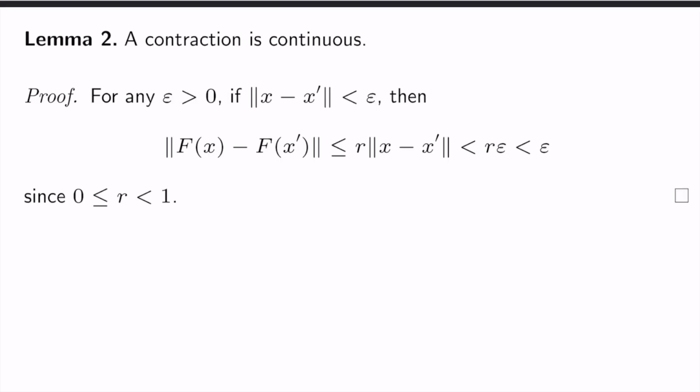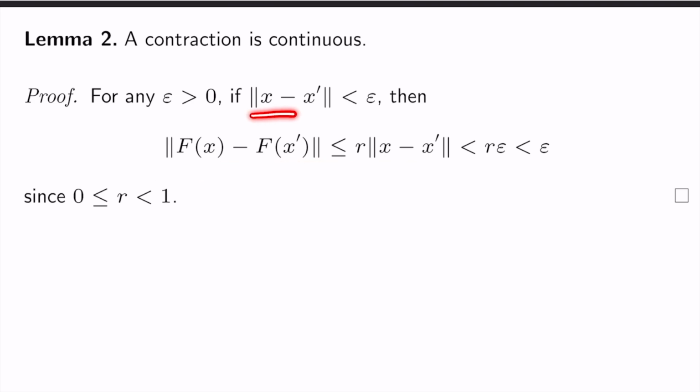Right before proving the contraction mapping principle, we need this simple lemma that says a contraction is continuous. To prove that, let's say this epsilon is any positive number. If the distance between x and x prime, of course these are assumed to be elements of the Banach space X, is less than epsilon, then the difference between their images is less than or equal to R times the distance between the 2 points x and x prime, because we're assuming f is a contraction, right?